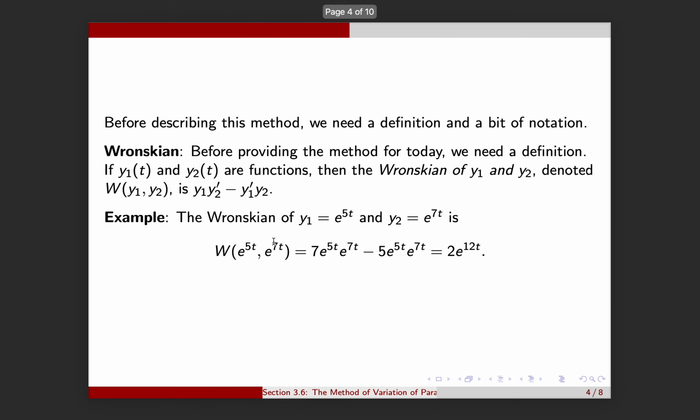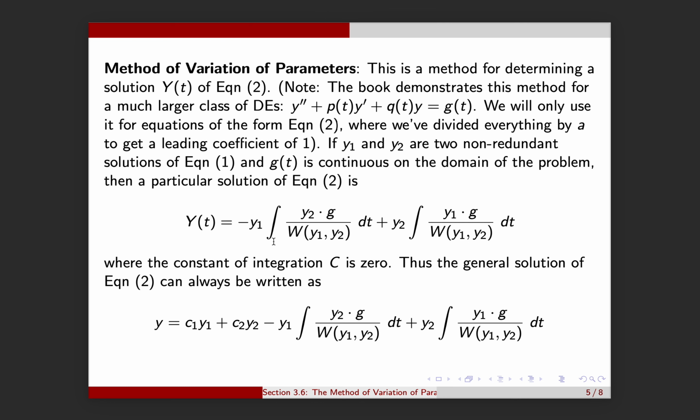Okay, here's the method. This is a method for giving you a solution, this capital Y of t, of equation 2. I should say here the book demonstrates this method for a much larger class of functions. This methodology works, though, only if there's a leading coefficient of 1 on the y double prime.